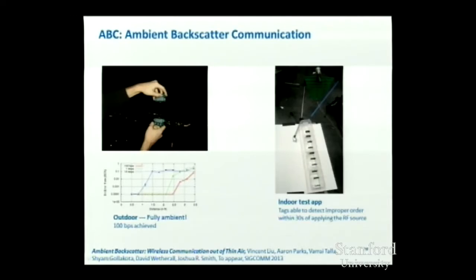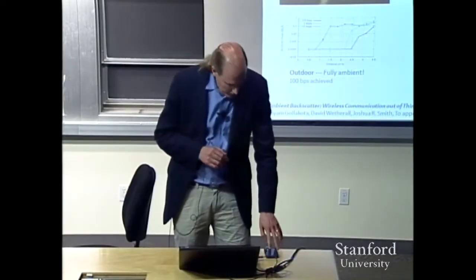Another application we've explored is, imagine something like books, which are all kind of uniform, books in a library, let's say. Each could have a tag like this, and the tags can talk to each other. So in principle, a system like this could figure out where every book is. Each book would tell its neighbor where it is.